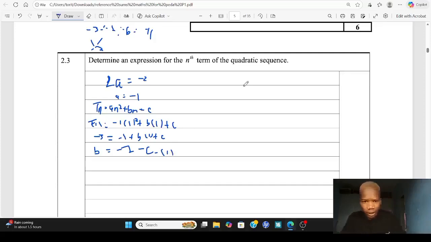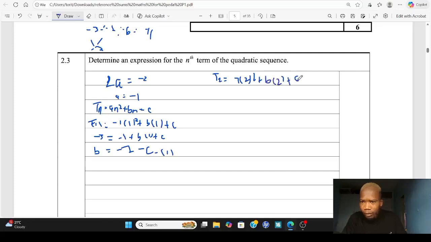Then we substitute for the value of term number 2. T2 is equal to minus 1 times 2 squared plus b times 2 plus c.